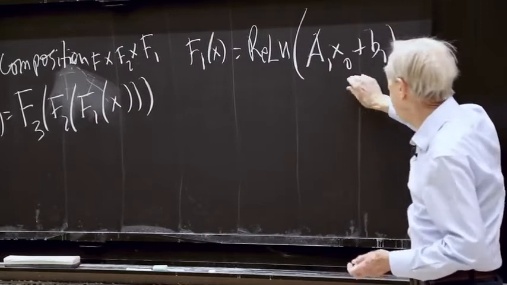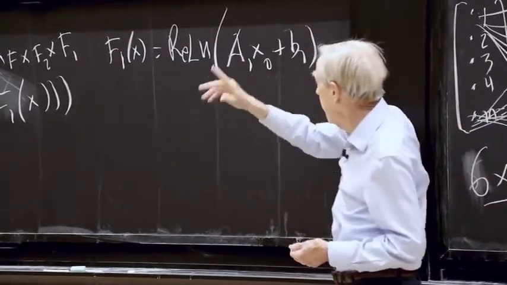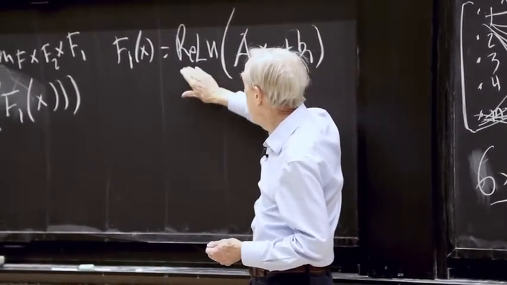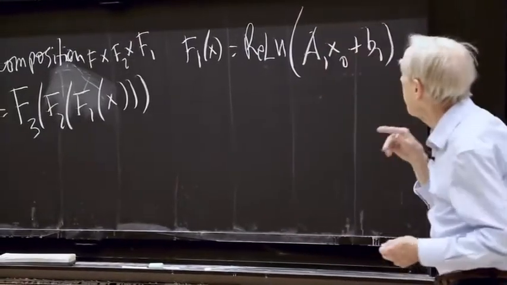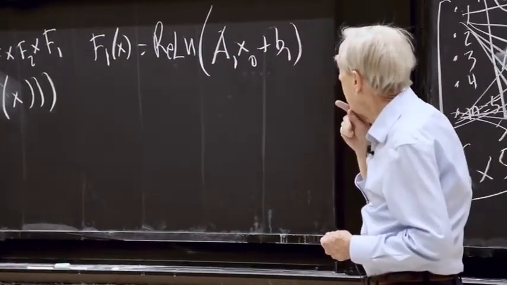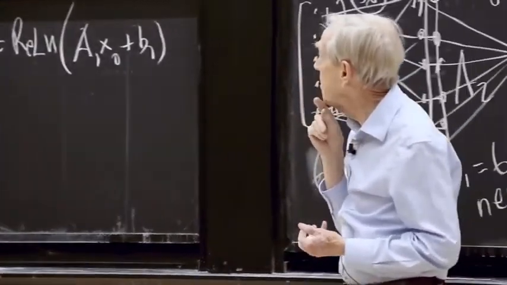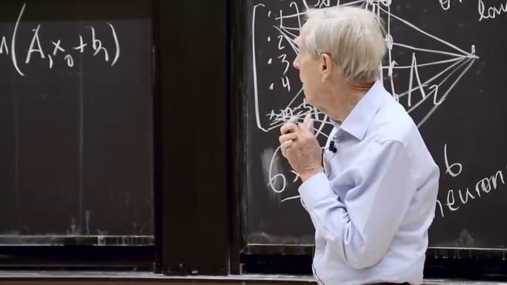You do the linear or affine map on your feature vector, and then, component by component, you apply that nonlinear function. And it took some years before that nonlinear function became a big favorite.